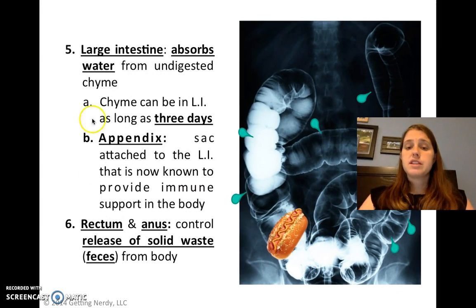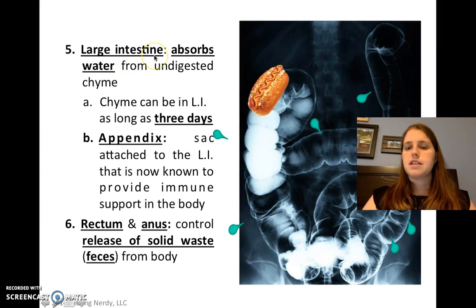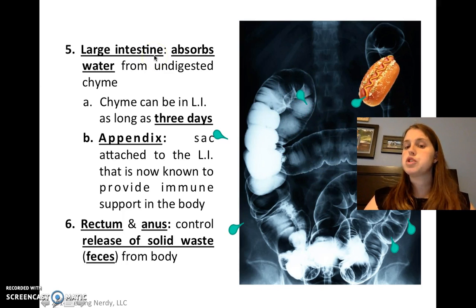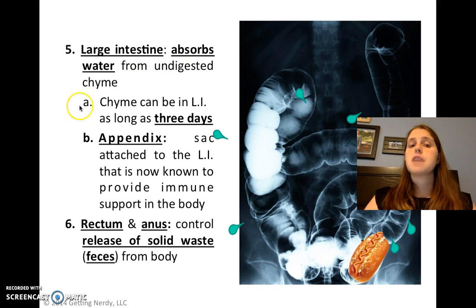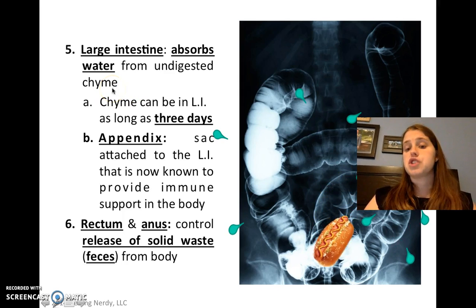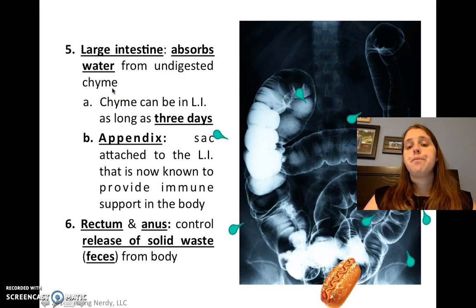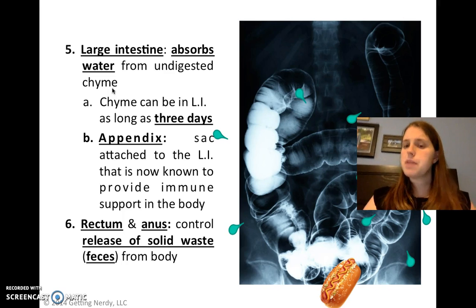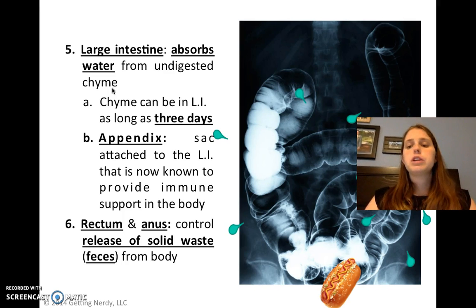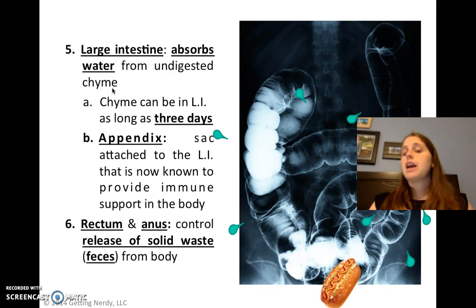Now, from the small intestine, we move into the large intestine. Remember, the small intestine absorbs nutrients. The large intestine absorbs water from undigested chyme. Every single time we digest something, there's going to be excess liquid, and we don't want to lose that because it's really good for our bodies to have that much more fluid.